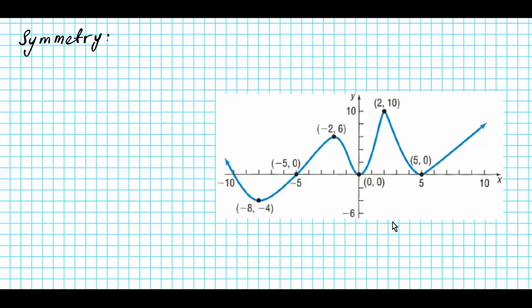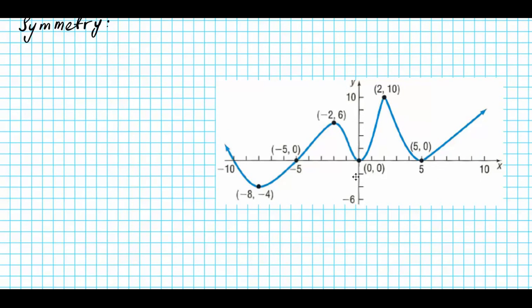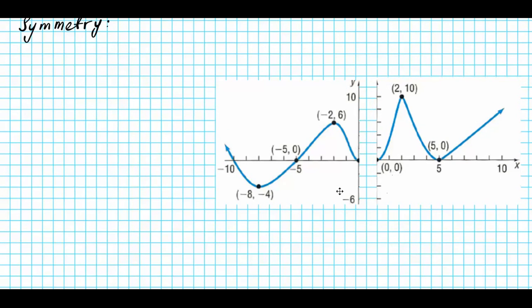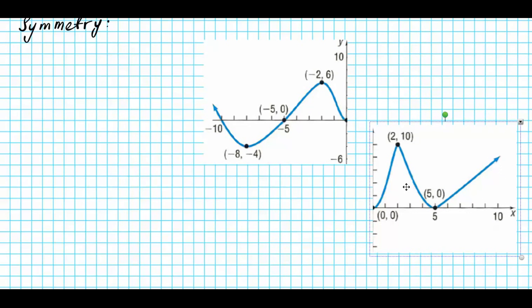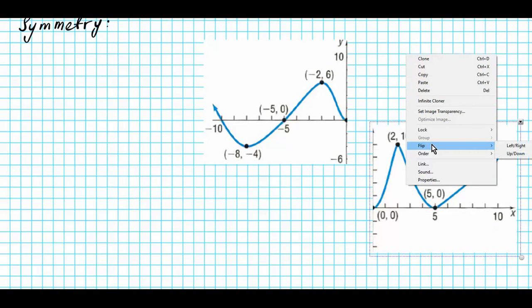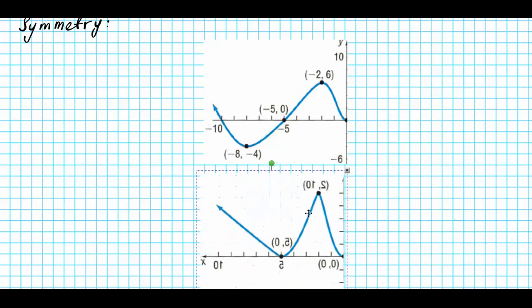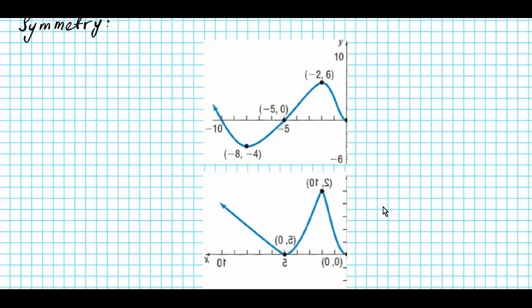Okay, but I'm going to use a computer to show you how it looks. So I'm going to split the graph down the center. Now I'm going to use the computer program to flip this piece across the y-axis. So I have it flipped. And the question we're going to ask ourselves is, are these two pieces identical? The answer is no. So since they are not identical, that means the reflection about the y-axis does not yield an identical curve.